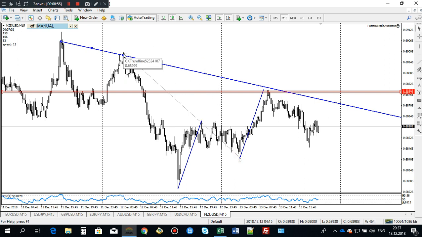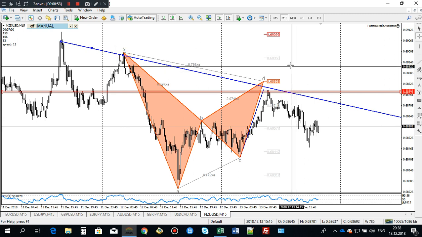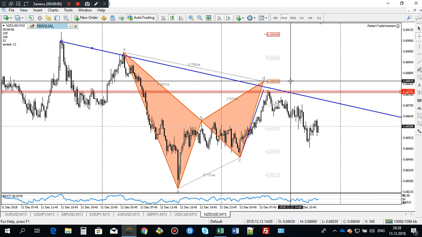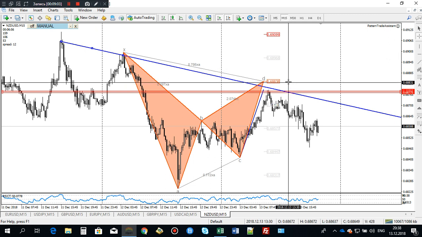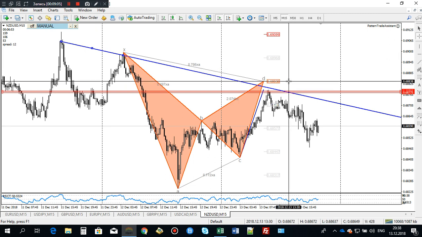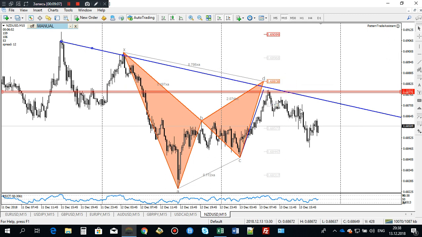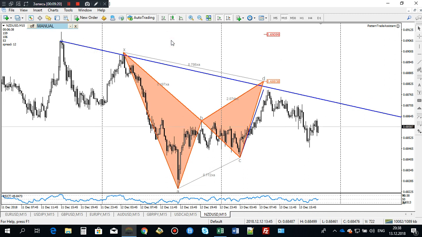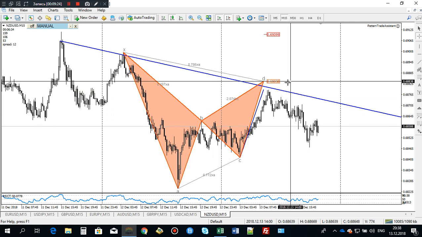So the pattern is drawn this way, and you see, as I told you, the 786 of completion of this X to A. Here is the level, and you will see something here. Although the pattern is pointing higher, we should understand that all these levels are nothing but potential support and resistance. And what we know about support and resistance, they are never precise levels.